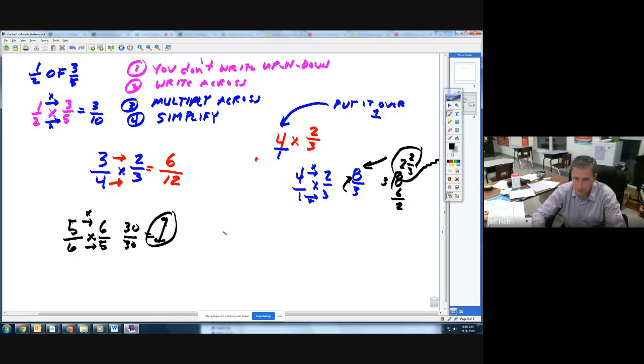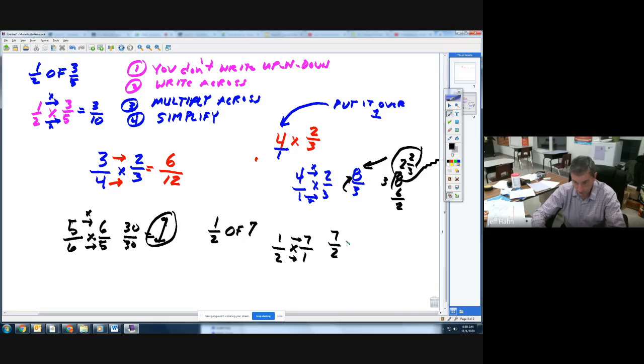And one more just for fun. What is 1/2 of 7? Well, you might know what half of 7 is, but we're going to do it mathematically here. Again, what do I do with 7? I put it over 1. Of means to multiply, so I get 7 over 1 times 1/2. I multiply across. For both of them, I get 7 over 2.